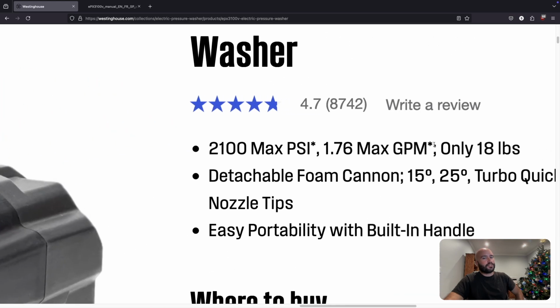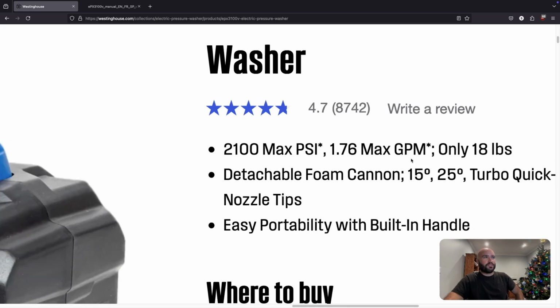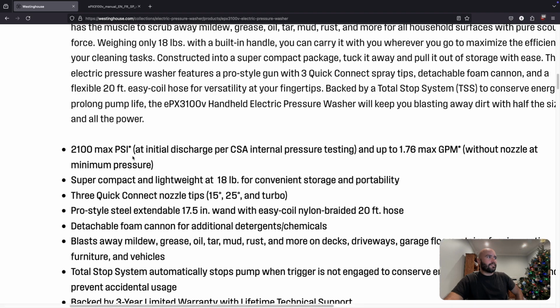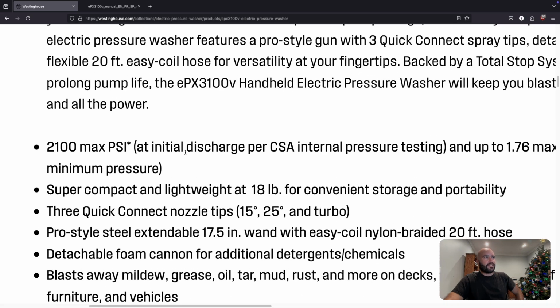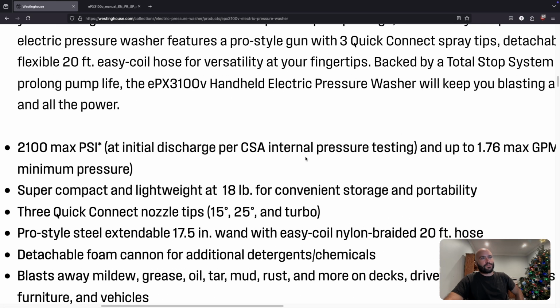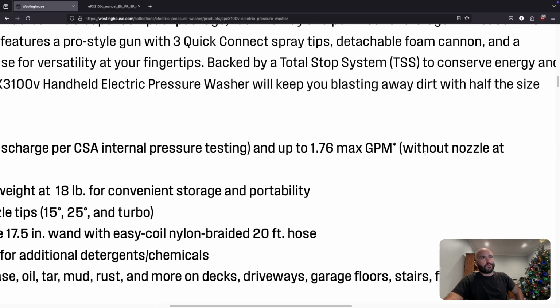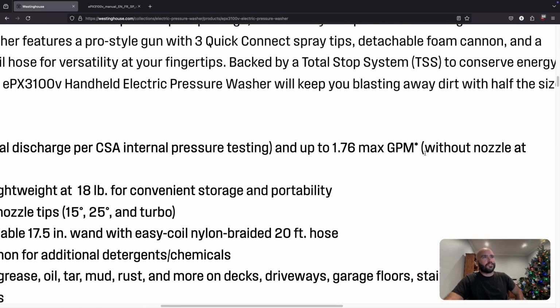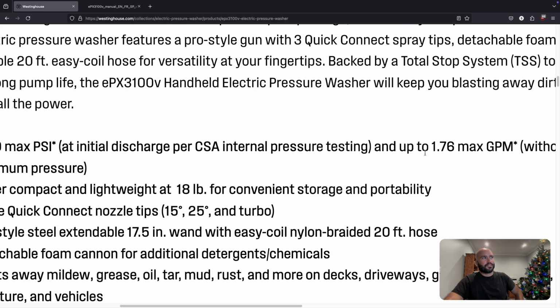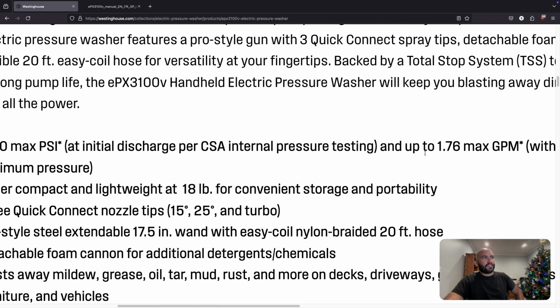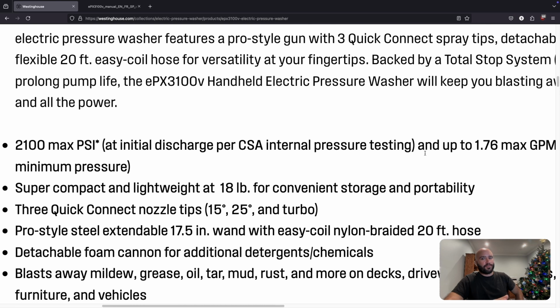It's not that they're lying, but we're being a little deceptive here, right? Yes, 2100 max psi at initial discharge and up to 1.76 GPM without a nozzle. Come on, nobody uses a pressure washer like this. This doesn't make sense. I don't think that this is a fair marketing practice.